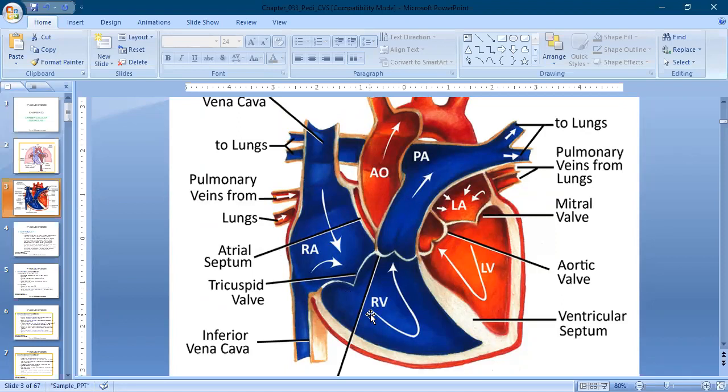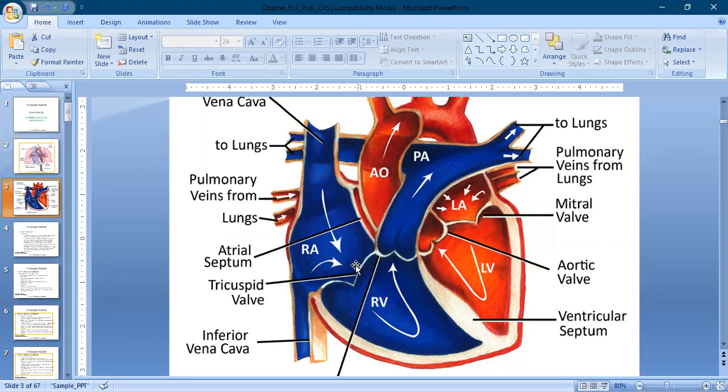Another problem sometimes occurs. This is the atria. The atria have an opening here, called the valve, the tricuspid valve. Because of this opening, when the atria contract, the valve opens and blood goes from the right atria to the right ventricle.